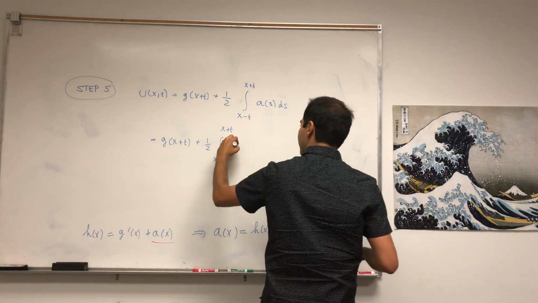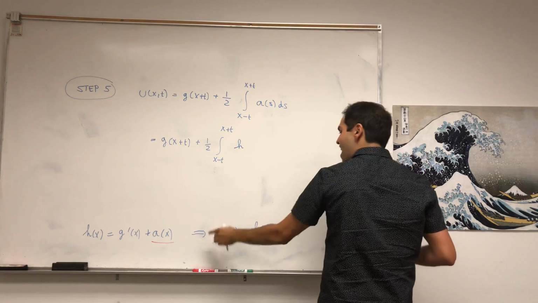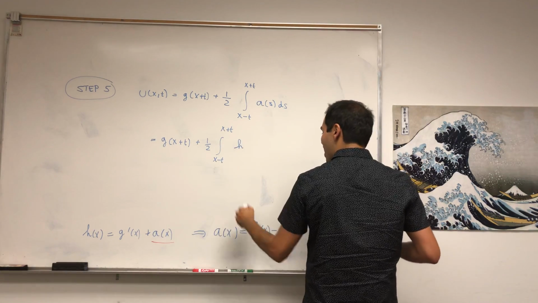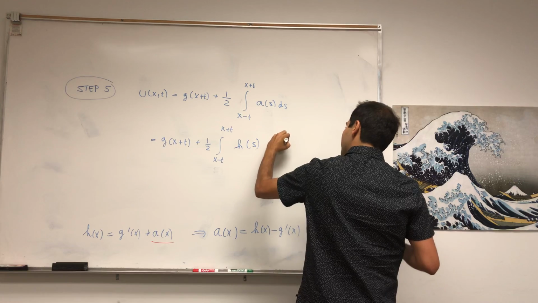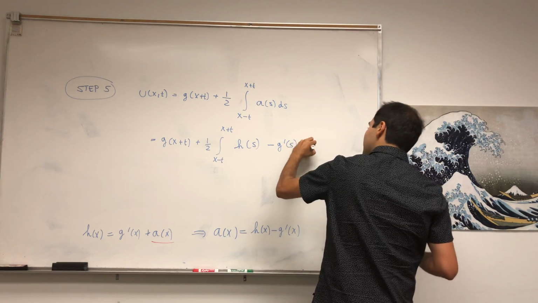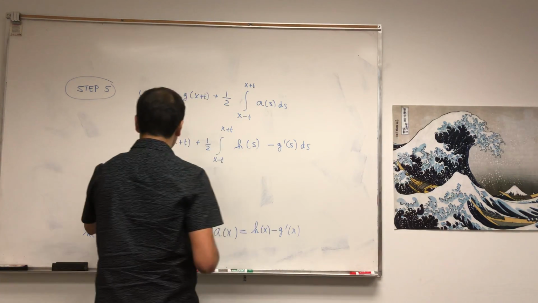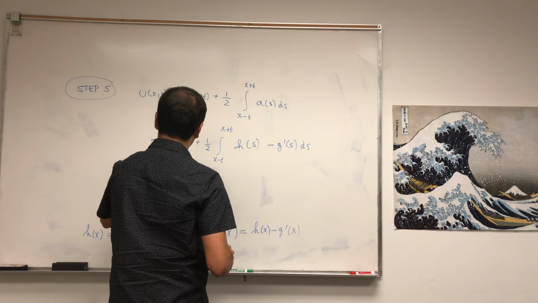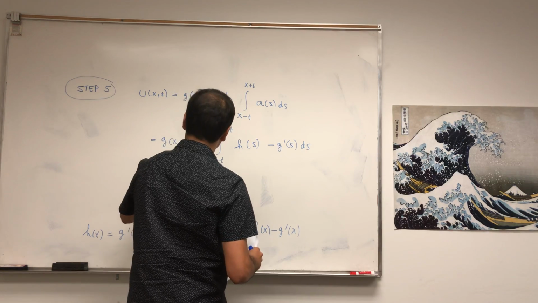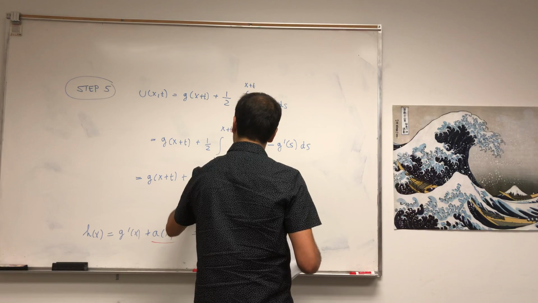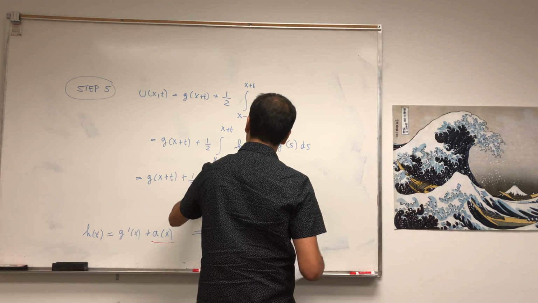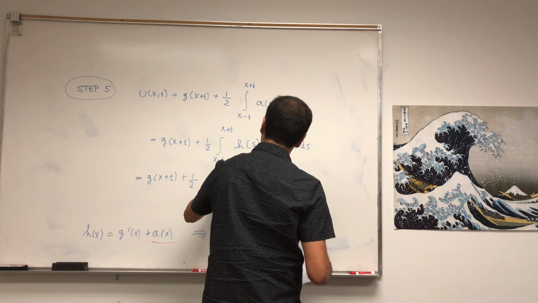Use this thing now here, so a of x equals this. So a of s is h of s minus g prime of s ds. Okay, that's good. So it's g of x plus t plus 1/2 integral of x minus t, x plus t, h of s ds.